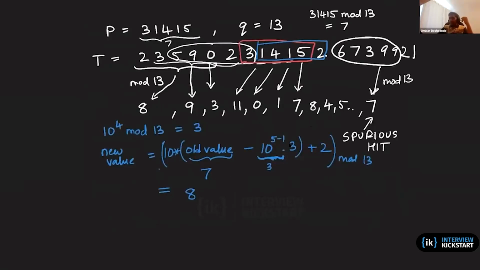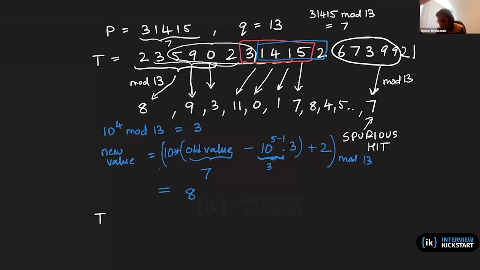And when there is a collision, or even if we get a match, we are going to explicitly compare the characters, the m characters, and then add that particular shift to the result only if we confirm the match.